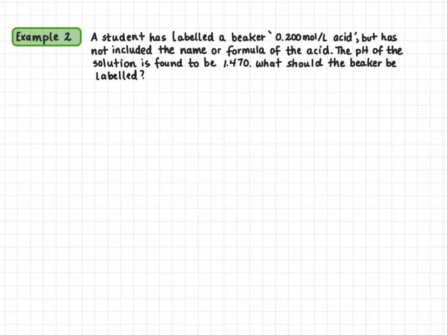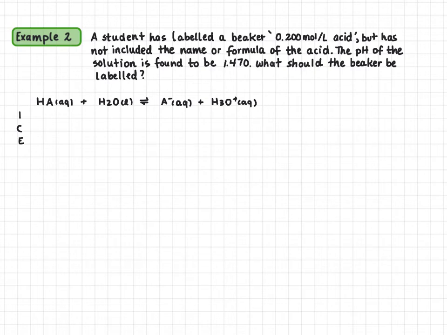We are going to start by writing an ICE table for our generic acid. HA plus water will be in equilibrium with A- plus hydronium. We're going to fill in what we can from the question.